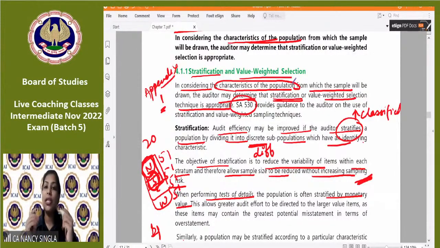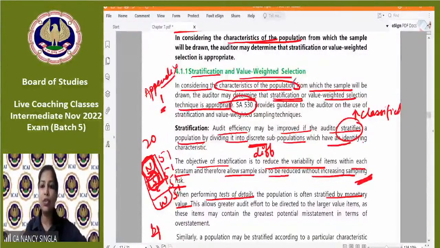So when the auditor is designing the sample, SA 530 says that in order to understand the characteristics of the population, first stratify, classify it and then try to understand that. ठीक है, पेन की जो सेल्स है वो लोकल सेल्स है, इसके ऊपर जीएसटी इतना लगता है. रूलर की जो सेल है वो एक्सपोर्ट्स है, एक्सपोर्ट्स में प्राइस इतना होता है, फ्लक्चुएशन रेट इतना होता है. So there are different types of risk associated with the different products now. Different rates are there, different taxes are there.